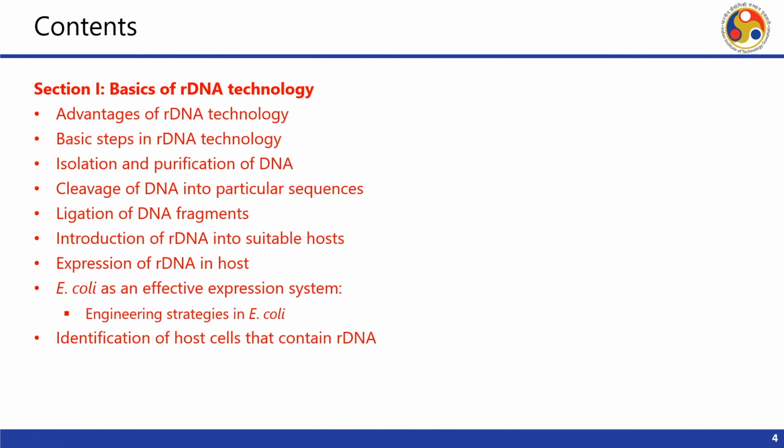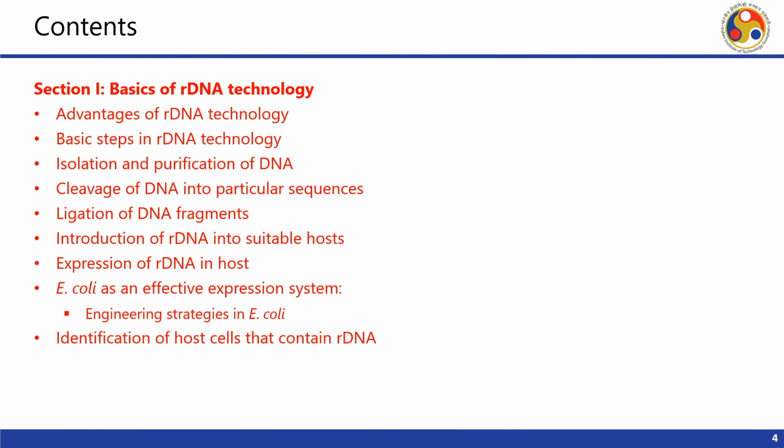Then once this vector is constructed, which is basically a carrier having a DNA or a gene of interest, we need to introduce this recombinant DNA product into suitable hosts. Hosts basically are living cells where these vectors will multiply, thereby also multiplying the recombinant DNA.